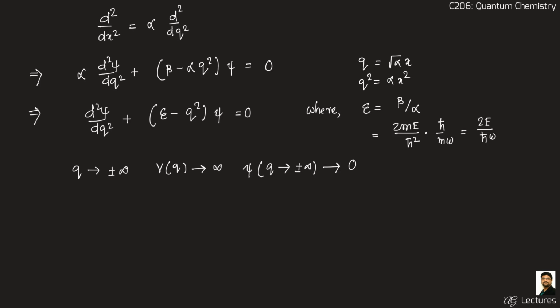So that is the asymptotic form. Asymptotic form means the form of the solution, the form of psi, when q is too large. And first we'll be checking that.